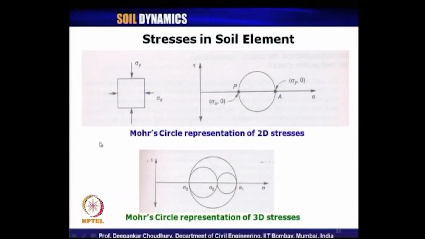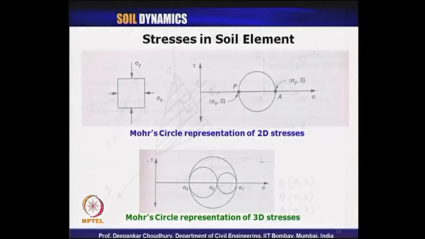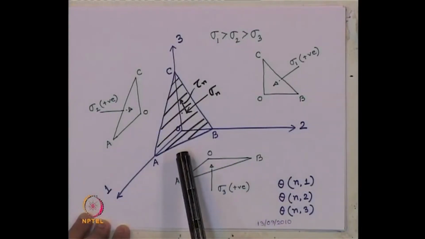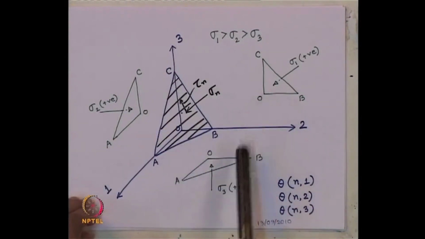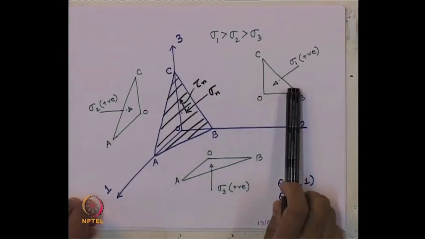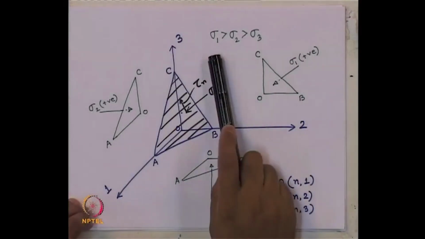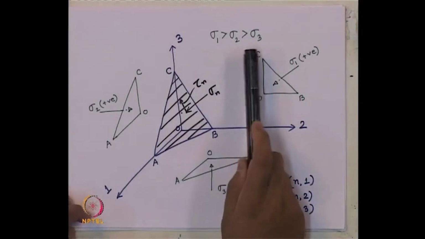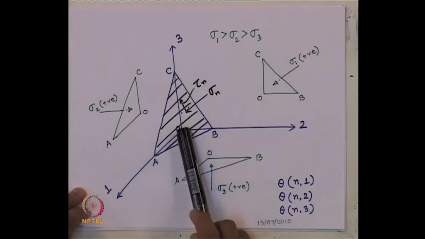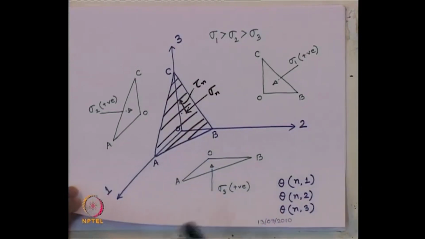Now, coming to the three-dimensional stresses in soil element, we have seen this in the previous lecture. The three-dimensional soil element we have represented like this with three directional principal stresses, sigma 1, sigma 2 and sigma 3: major principal stress, intermediate principal stress and minor principal stress, and the corresponding direction cosines of any nth plane with respect to those principal stress directions.